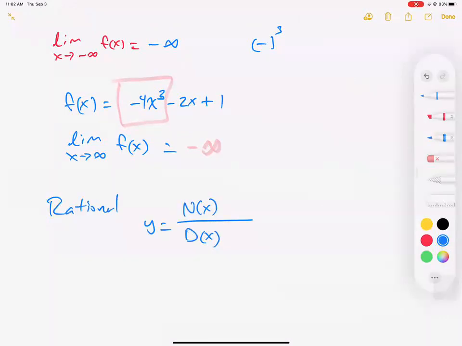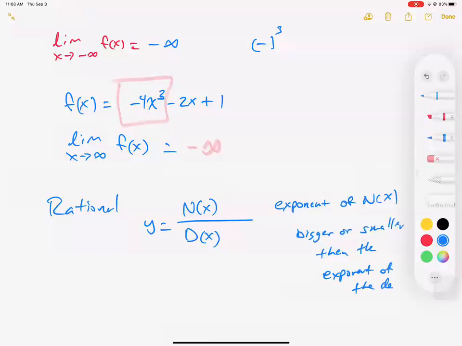So the idea is the exponent of the numerator is bigger or smaller than our denominator. Then the exponent of the denominator.